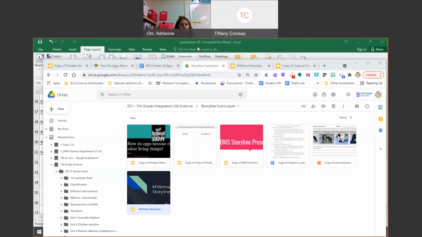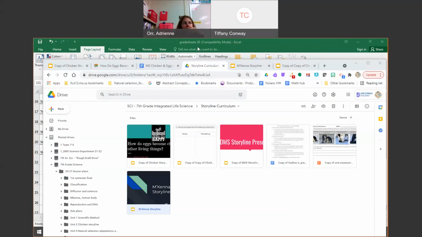With the circulatory system, we spend a day on that. Before we had McKenna, it was just the old way of teaching: here is a body system, okay, let's do a lab. Here's a body system, okay, let's do a lab. So through this, we're trying to make it all piece together more and show how the systems affect one another.